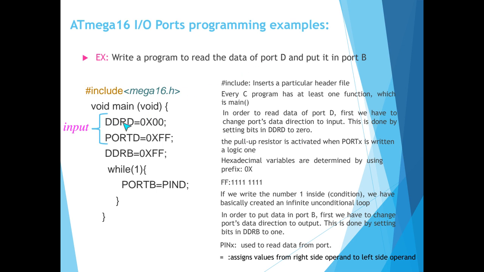Then, as you see here, I wrote DDRD equal 0x00 semicolon. These zeros include 4 zeros each, meaning that all 8 bits of the DDR register are written as 0. But because I used the prefix related to hexadecimal, I used 00.